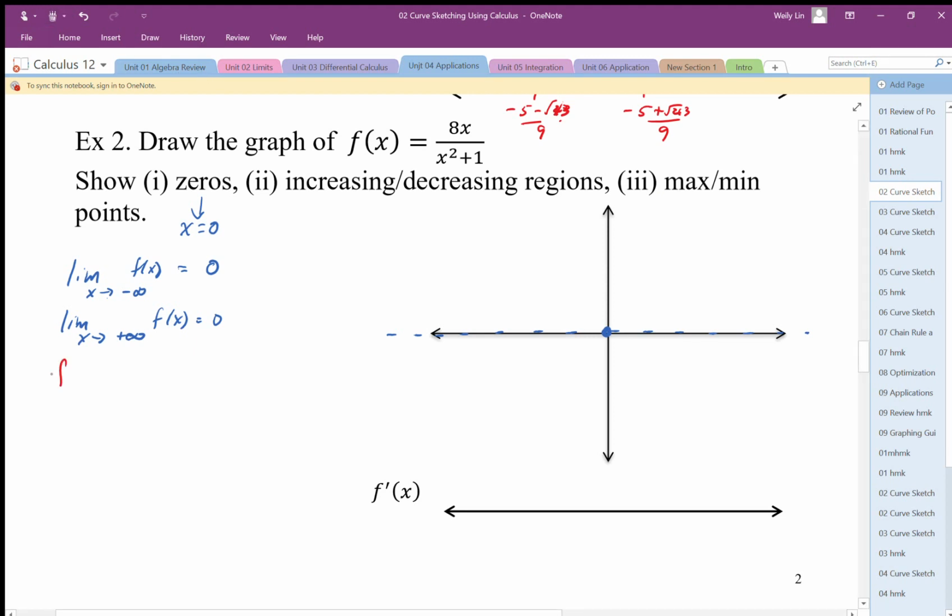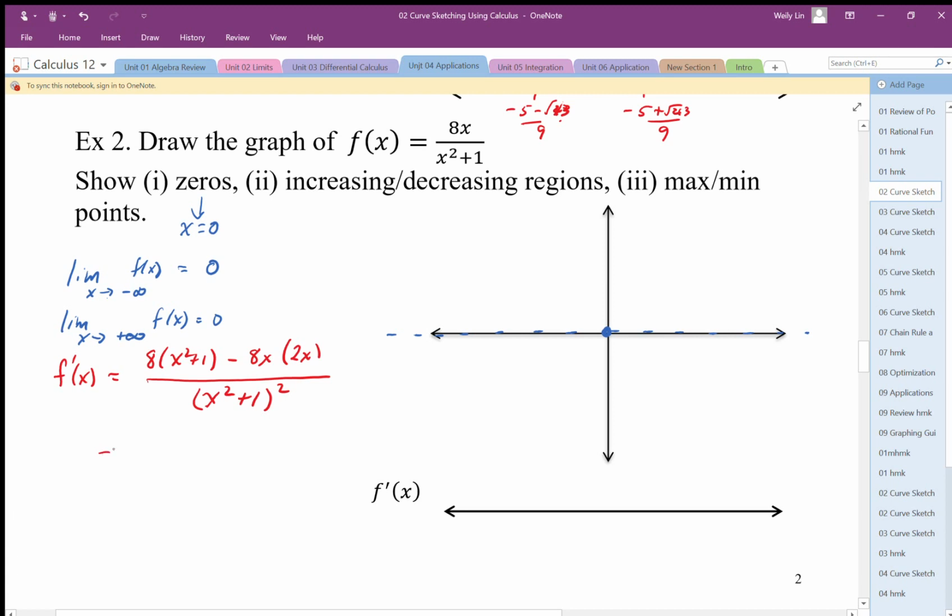Okay, so we want f prime. So this is a quotient, so I need to apply quotient rule. So the derivative of the top times the bottom minus the top times the derivative of the bottom, which is 2x. Okay, we can cancel out some common factors here. This is 8x squared minus, this is going to end up being 16x. I'm going to put this together.